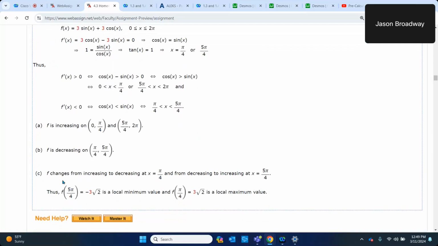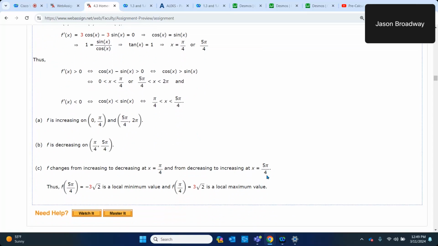Now F changes from increasing to decreasing at x equals pi quarter. You can check from looking at the graph, and ditto, it goes from decreasing to increasing at x equals 5 pi quarter. You look at the graph.